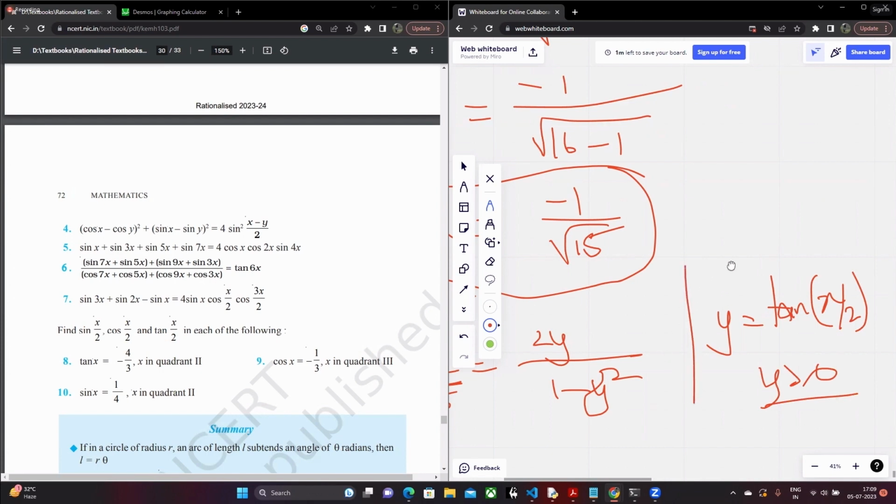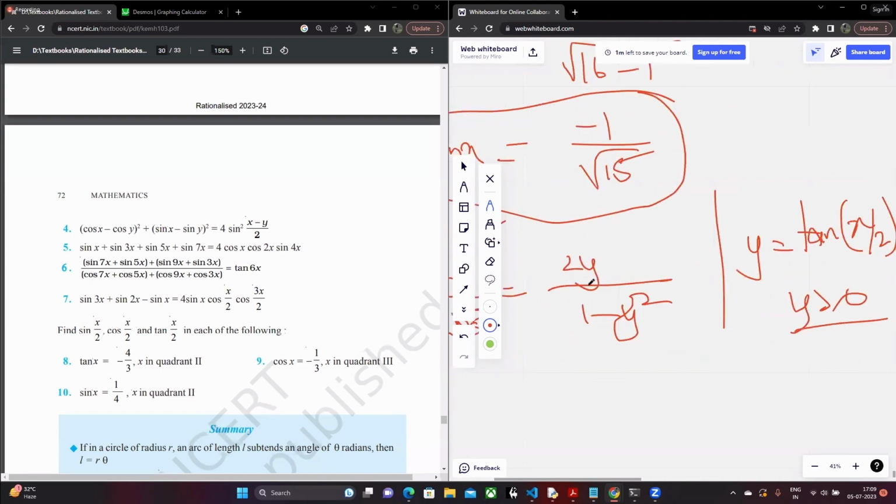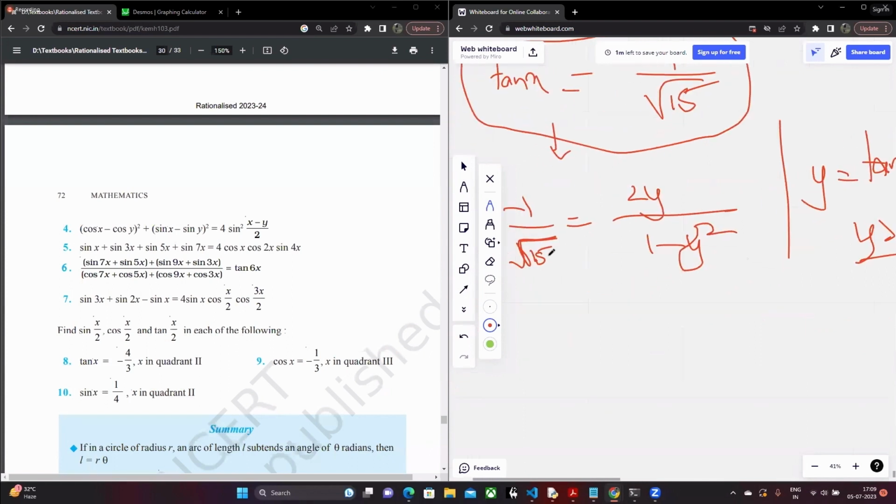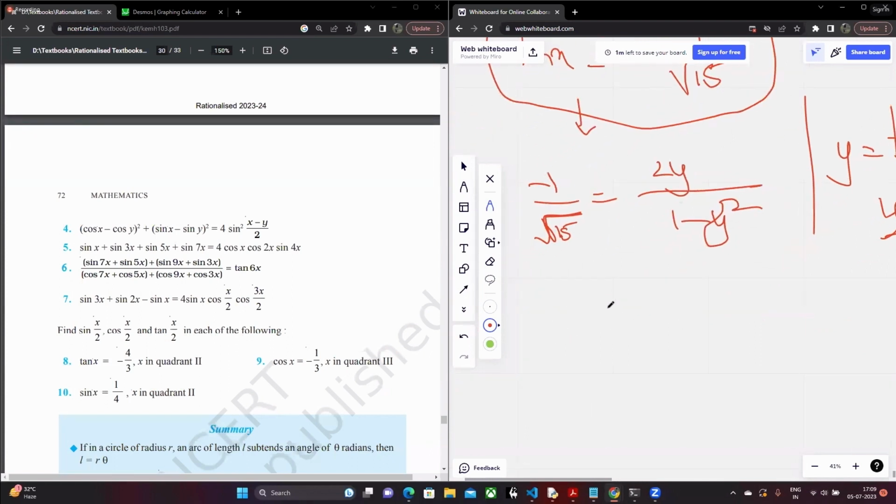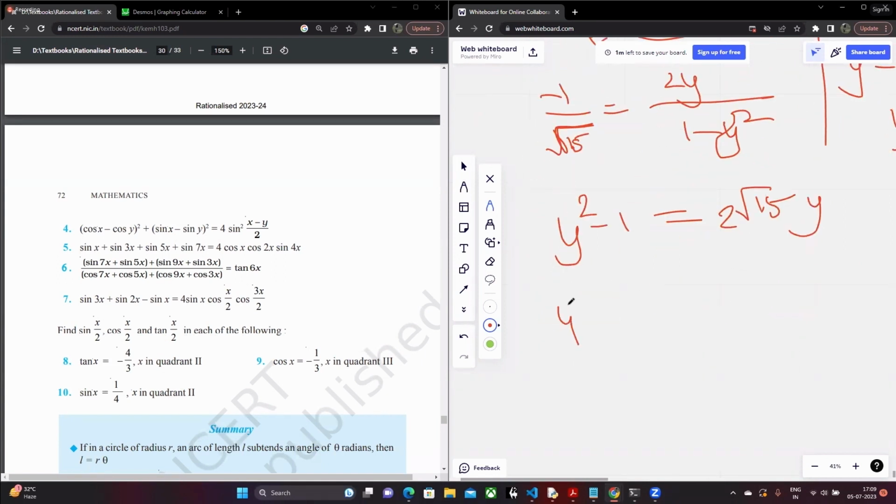So I'll cross multiply and state that y squared minus 1 is equal to 2 root 15 into y, or y squared minus 2 root 15 y minus 1 is equal to 0.